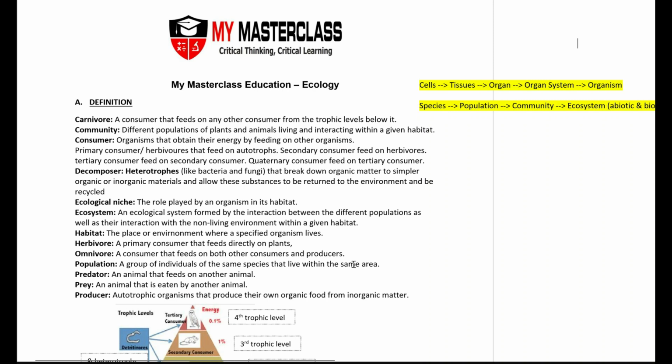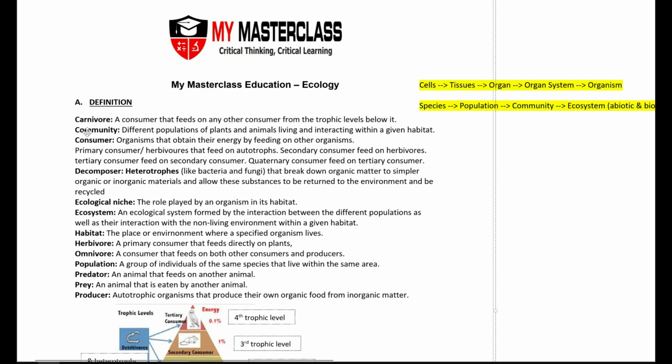Those will be two different populations. Community is different populations within a given habitat, that means within a given area that they live in. And ecosystem is the interaction between the living populations, which are the different populations, and also the non-living environment such as pH, temperature, etc.